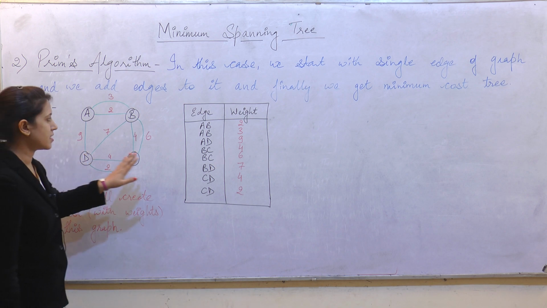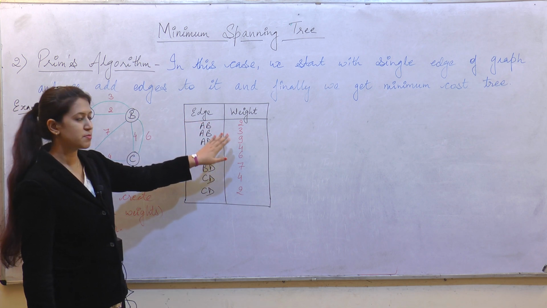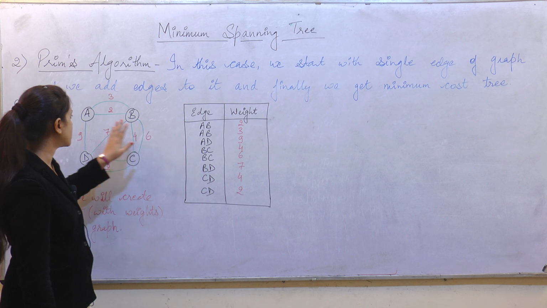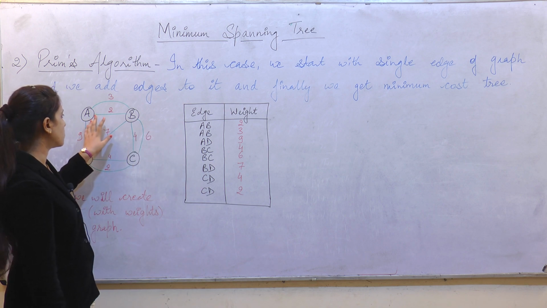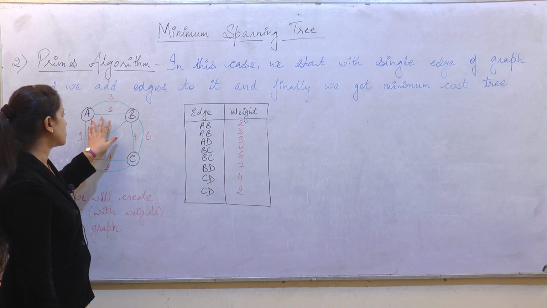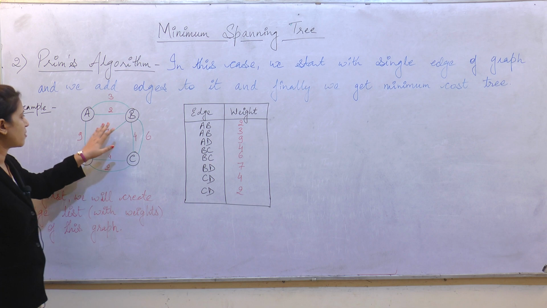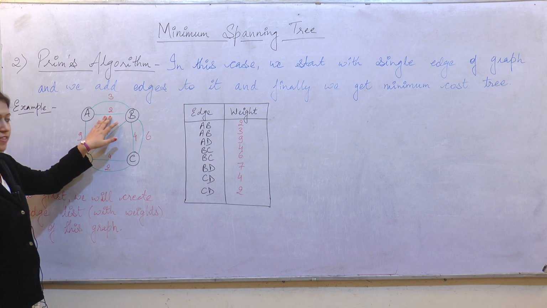This edge list contains the edges and their corresponding weights. Edges means the nodes which are being connected by the edge, and the weight corresponds to the weight given above the edges.